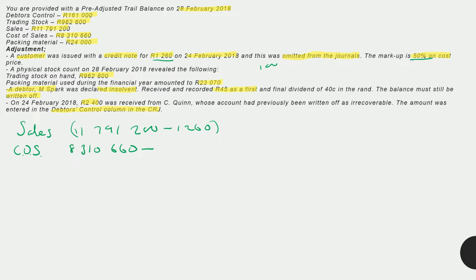That will be 100 over 150 times 1,260, and that will give you 840. That's for the debtors.